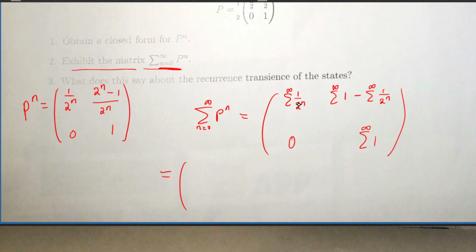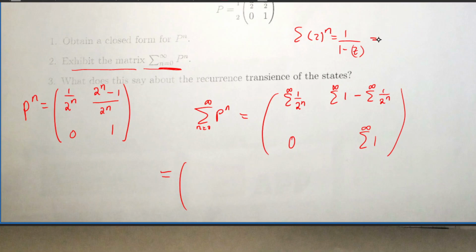So for the first one, this is a geometric series which converges for modulus of z less than 1. So this converges to 1/(1 minus z). So we can find the sum of this by using this formula. We see that 1/2 is less than 1, so we can use the geometric sum.